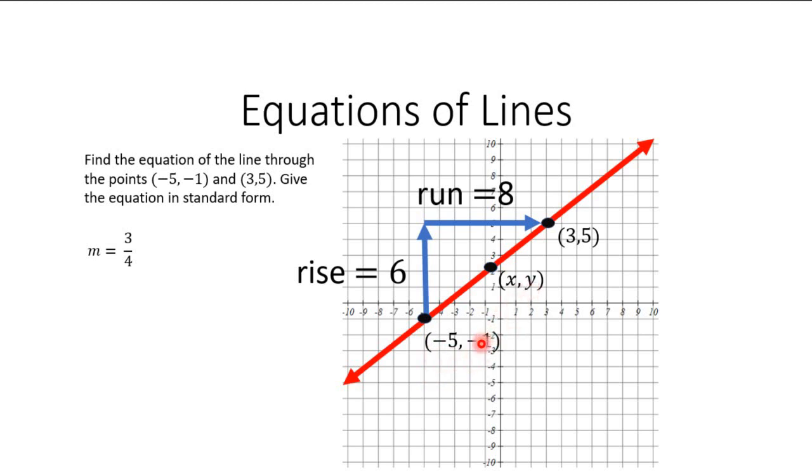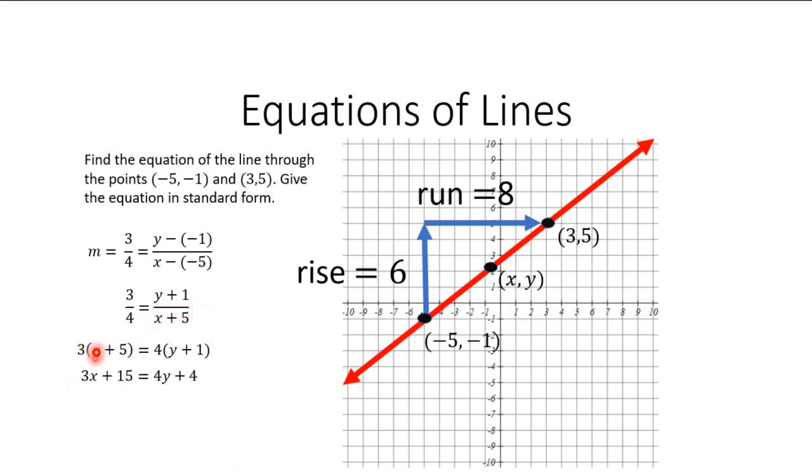So that's y minus negative 1 divided by x minus negative 5, and we know it has to equal 3/4. So y minus negative 1 is actually y plus 1, and x minus negative 5 is actually x plus 5. We can solve this equation by cross multiplication. When we cross multiply, we get 3 times x plus 5 is equal to 4 times y plus 1.